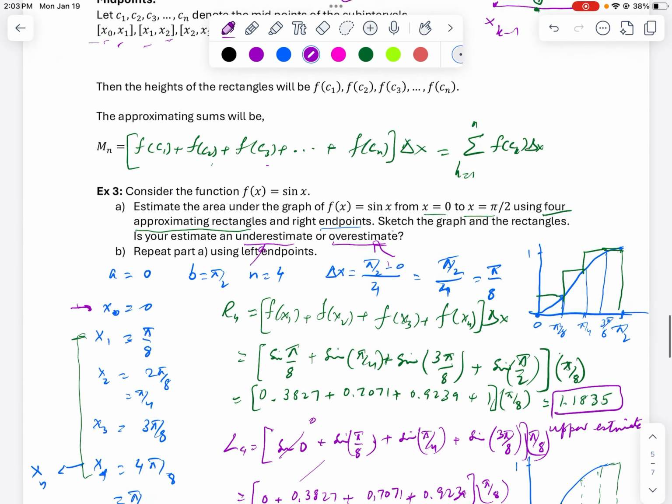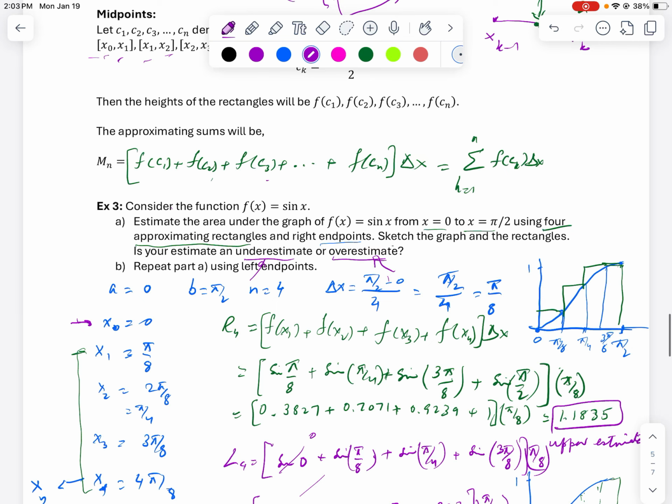And of course, we were told how many intervals we should divide in or how many rectangles we should use. In this case, we are not given how many rectangles, but we are given just the graph. So what I can do is first make a table of values.